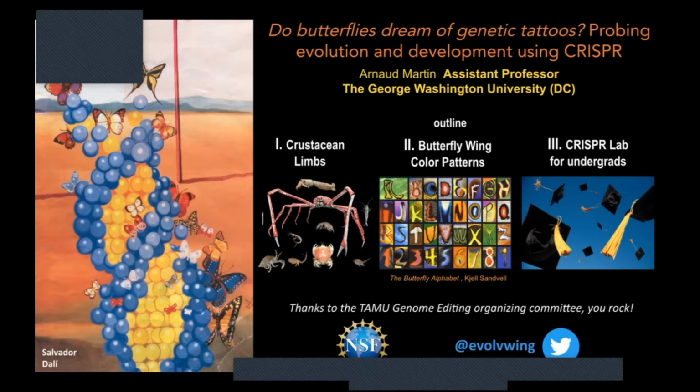And then if I have time, I will talk about the use of CRISPR technology in the classroom to give undergrads hands-on experience with genome editing. There is my Twitter handle here, and don't hesitate to take screenshots or photos or whatever you want and share on social media. There is no need for secrecy on anything here.